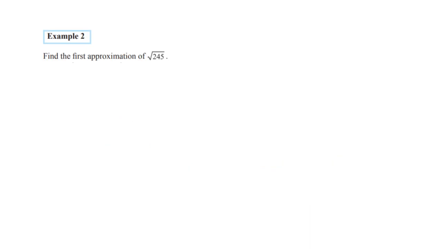Example 2. Find the first approximation of the square root of 245. We want to find the square root of 245. 245 is in between the square numbers 225 and 256.